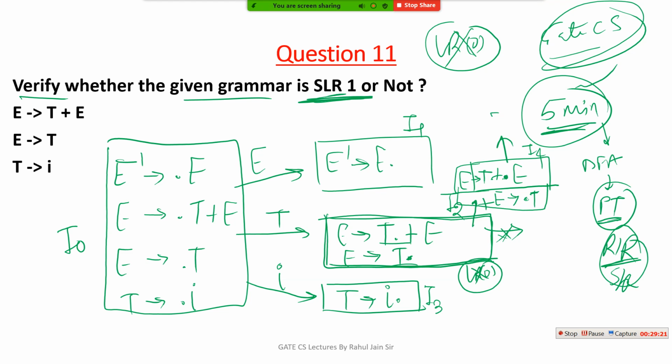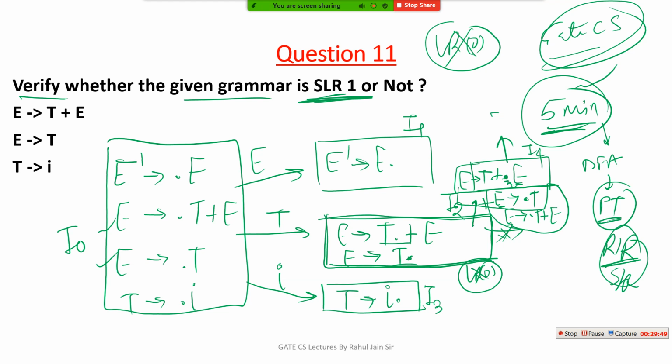I need to include all these derivations, and I also need to include E derives dot T plus E. I need to include these two equations here. Why? Because I am following the closure function property, and what the closure property says is, if I have a dot before any non-terminal, I need to include all the transitions of E here.